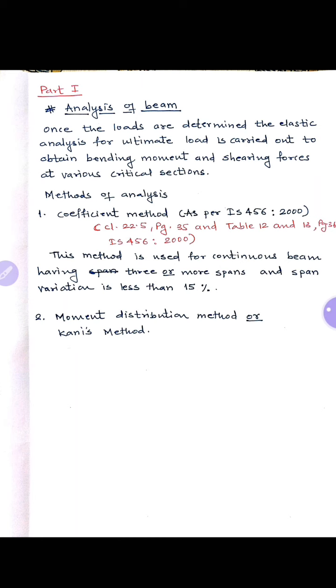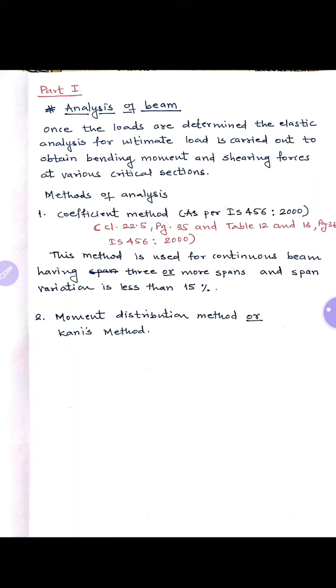If it is a continuous beam, in that case we have to follow two methods. There is an approximate or coefficient method which is given in IS 456-2000. The reference I have mentioned here is clause 22.5, page 35, or you can refer to table 12 for bending moment coefficients and table 13 for shear force coefficients. There is only one limitation.